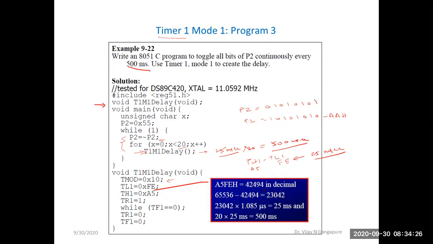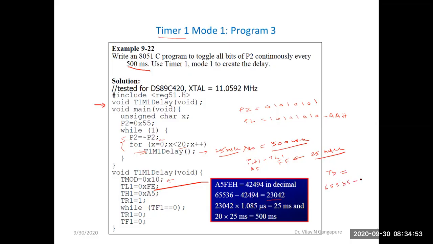If I put this value in the formula, 65536 minus 42494, where 42494 is the equivalent of A5FE, I get 23042305, and 2305 multiplied by 1.085 microsecond becomes 25 millisecond.